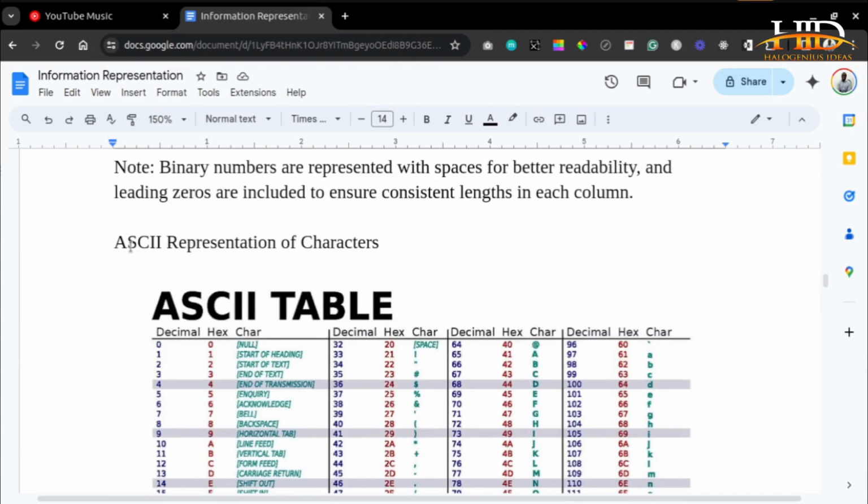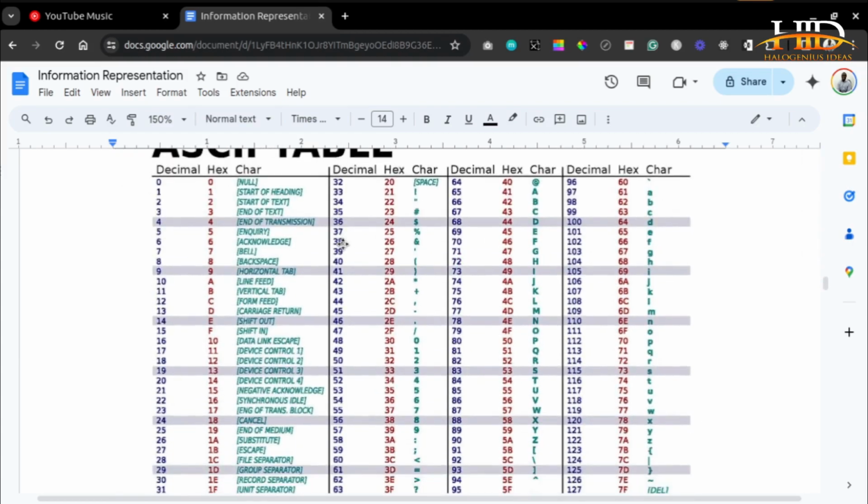So now the ASCII representation of characters. I saw this online, so I brought it up. So we have the decimal, the hexadecimal, then the character. If you come down to, okay, you can see 48 over here. So if the computer wants to represent the character 0 in memory, basically the ASCII value is 48.